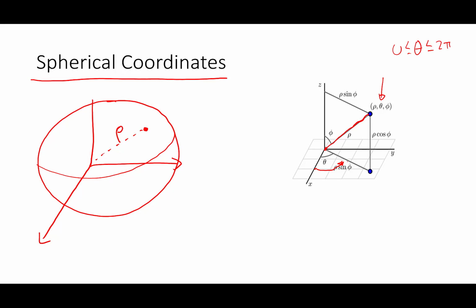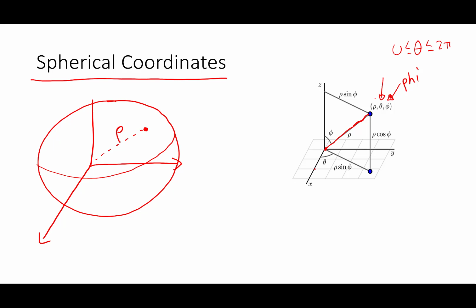Now phi here, which is this last Greek symbol, is the angle that the point makes off of the positive z-axis. If you start at the positive z-axis and you bend over this way, that angle that you make there, that's what we call phi. These three coordinates are what we call the spherical coordinates of the point.